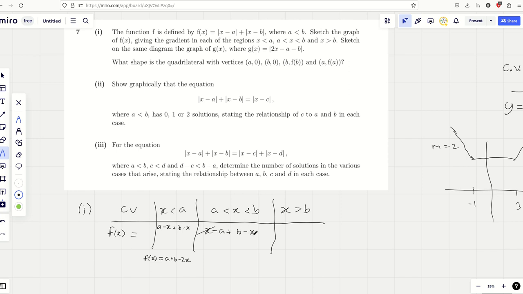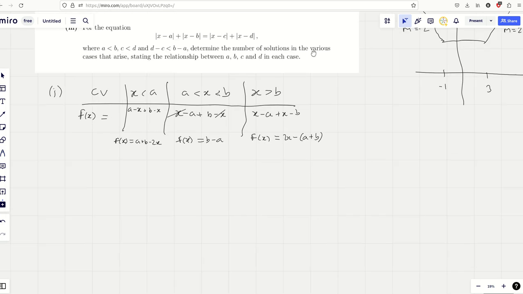The x's will cancel and you'll just be left with f of x is b minus a. And here neither of them actually change sign, and so you've got x minus a plus x minus b. And so you've got f of x equals 2x minus (a plus b), in brackets, if you like. It's the negative of that one.